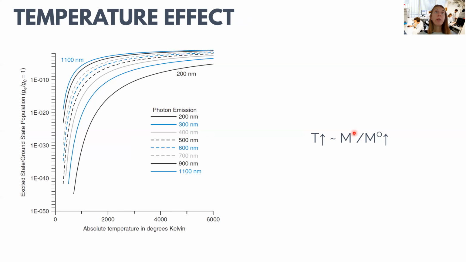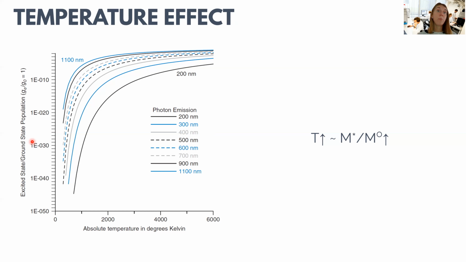The most influential factor for optimizing this excited state concentration in the flame, or in any other medium where we do the atomic emission analysis, is the temperature of the atomizer that we are using. Here is an example where on the y-axis we have the excited state to ground state ratio.